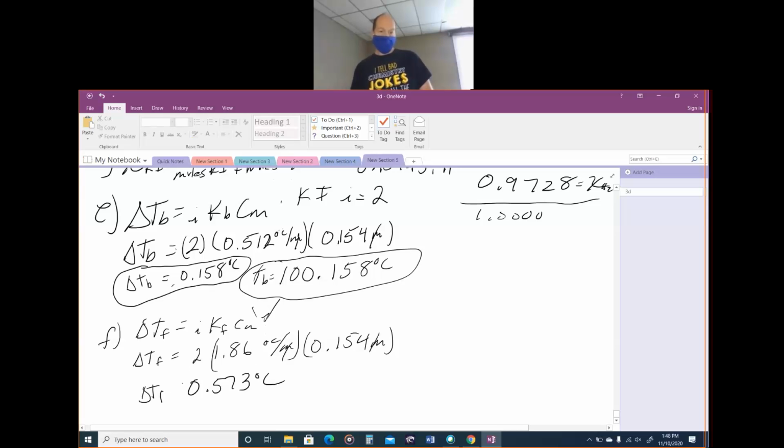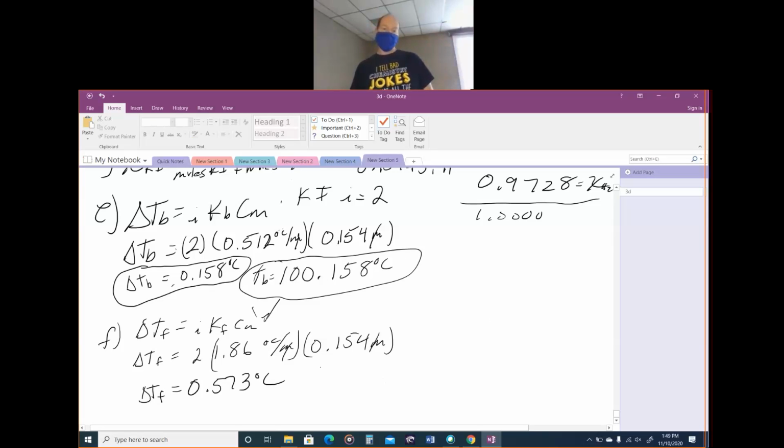All right, now this one is close to an actual freezing point. That's a very low temperature, where if you said the boiling point was 0.158 degrees Celsius, that's a ridiculous answer. To say the freezing point is 0.573 is not a ridiculous answer. It's the wrong answer because you have a freezing point depression. That is how much it goes down.